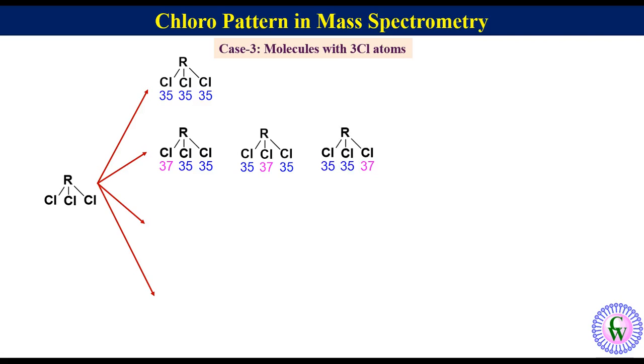The third set has the molecules with 2 Cl37 and 1 Cl35. So in this set too, there will be 3 possible combinations: 37, 37, 35; 35, 37, 37; and 37, 35, 37.